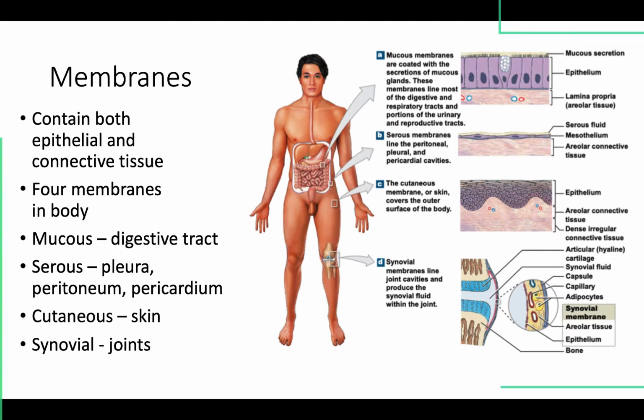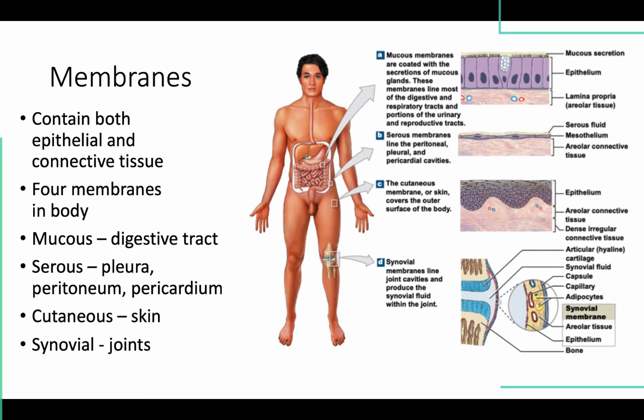Then we have serous membranes, and you guys know what those are. The pleura, the pericardium, the peritoneum, those are all serous membranes, right? So we find those in those areas. That's another membrane. We have the cutaneous membrane. This is chapter 5, so we're going to talk all about the skin in chapter 5.